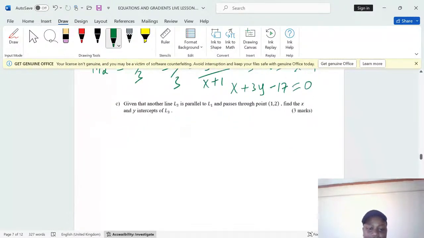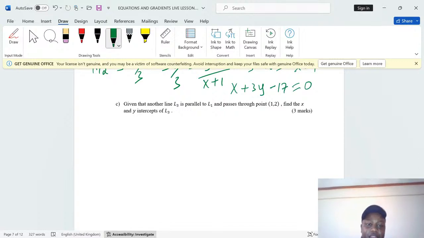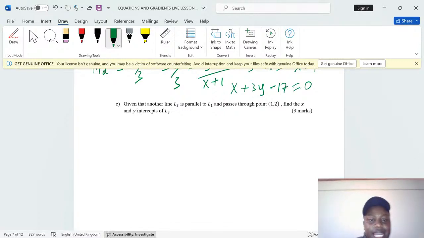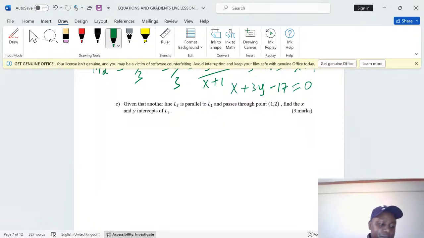We have another line, part C. Part C, we have another problem here. We are talking of another line, L3, parallel to L1, and passes through point (1, 2). Find the x and the y intercepts of L3.